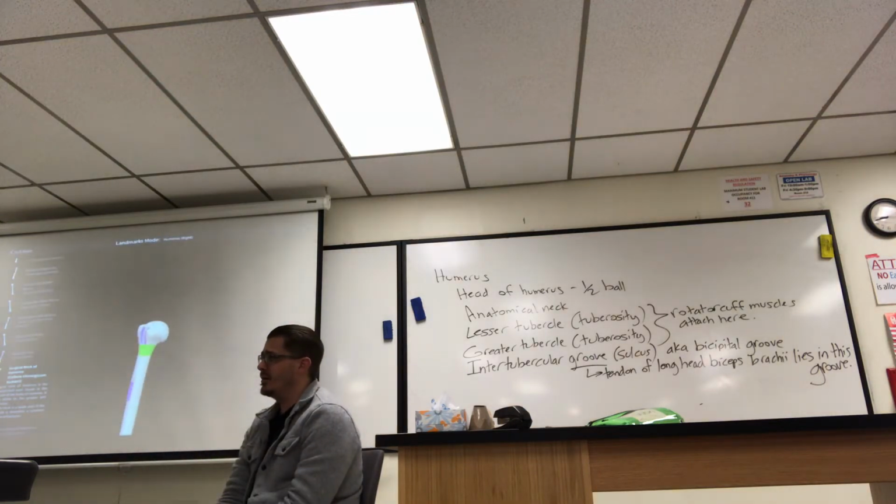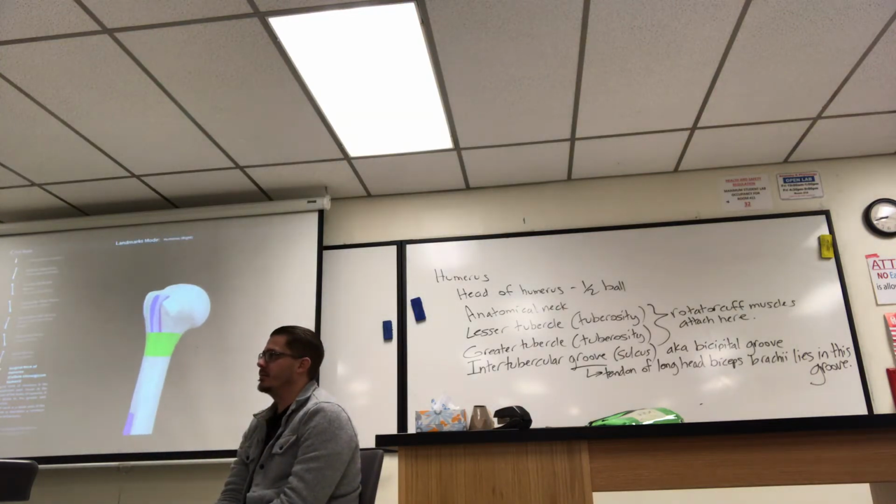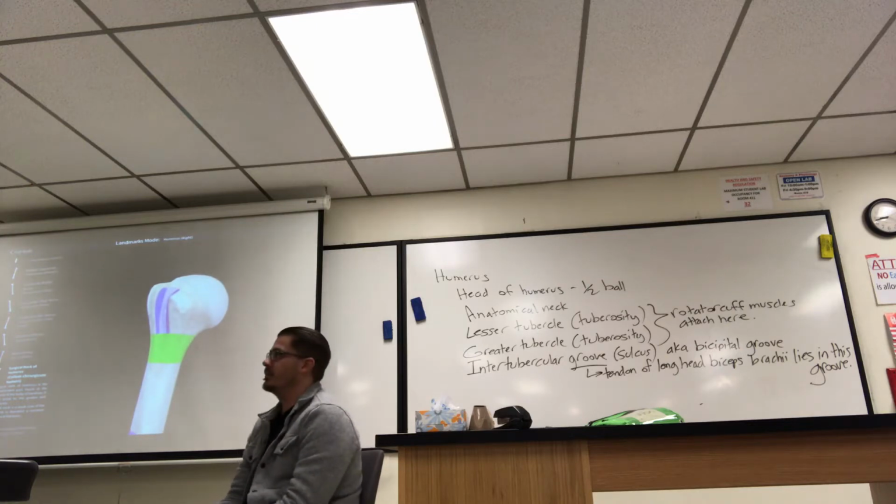What I've highlighted now in green is the second neck of the humerus. It's called the surgical neck.